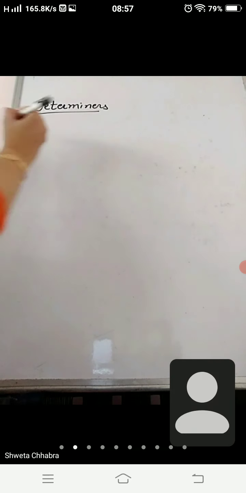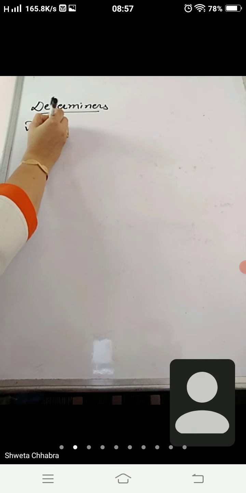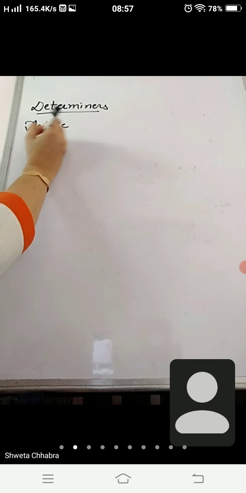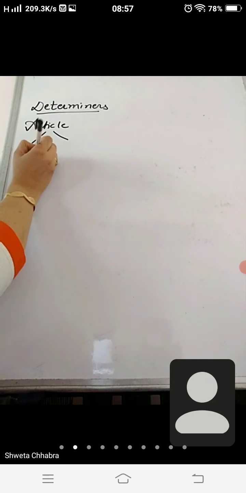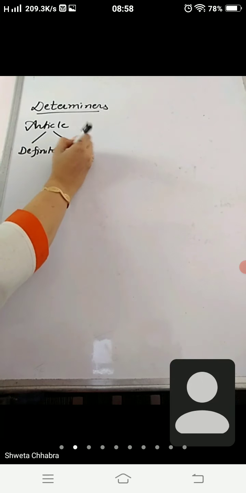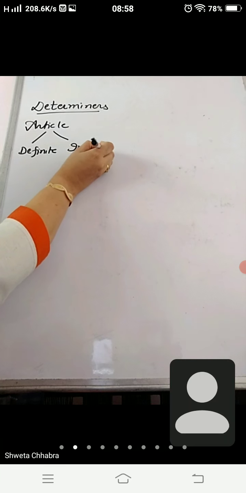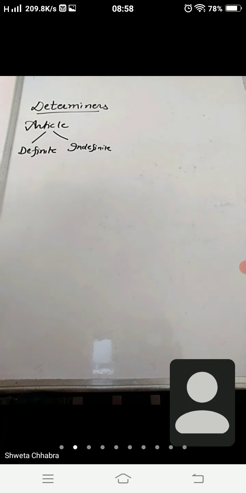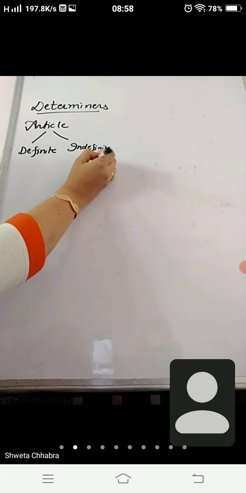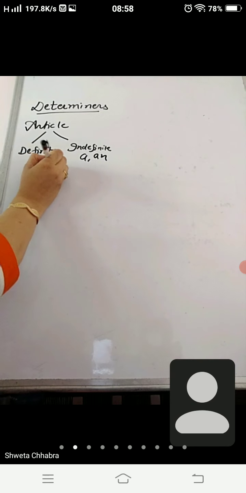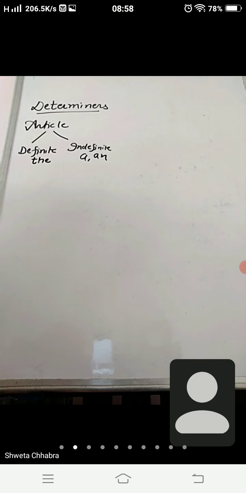Articles also come into the category of determiners. Articles have two kinds, definite and indefinite. Indefinite: a and an, and definite we have the. Okay. After that, quantifiers.